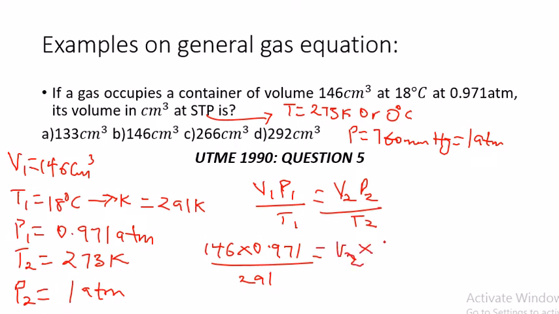P2 is 1 atmosphere, divided by your V2 will now be equals to... if you simplify all this together, you have the answer is 133 centimeter cubes.